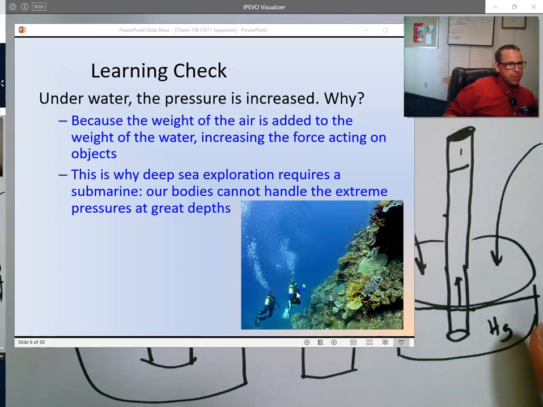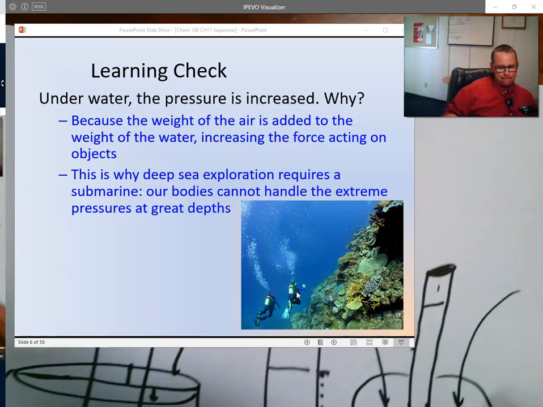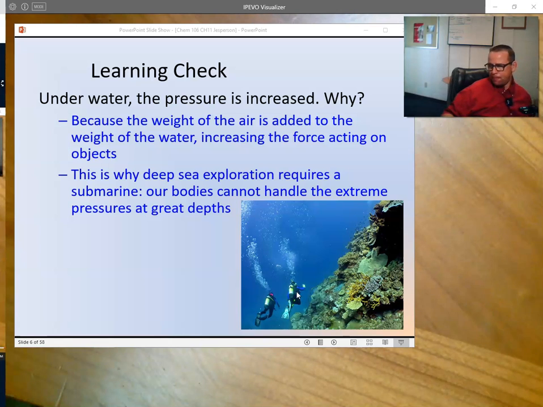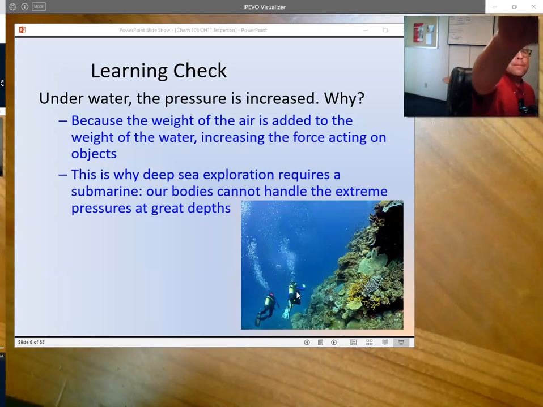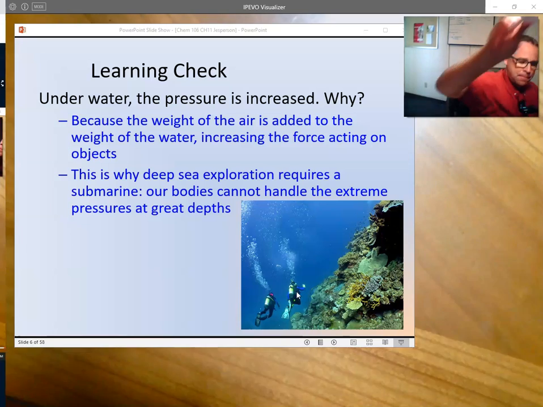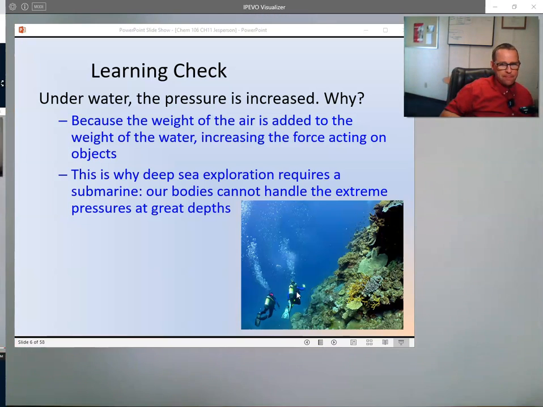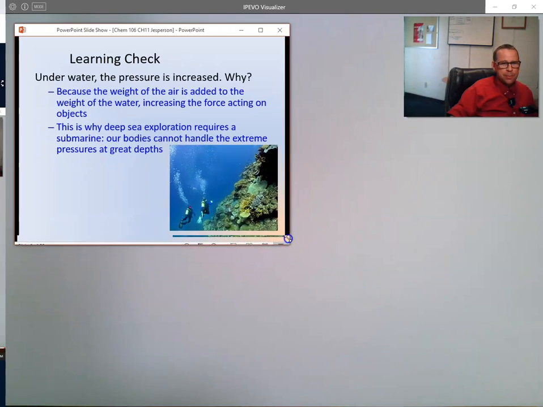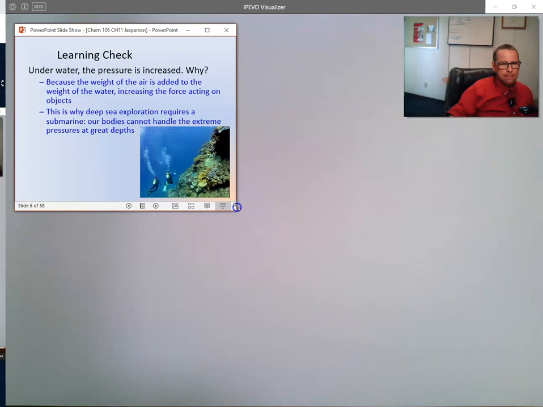What's the problem there? The problem is, I forgot exactly, I think it's nitrogen. You get too much nitrogen in your body, and that can cause a variety of symptoms, but makes you have misleading judgment, and it's just overall dangerous.